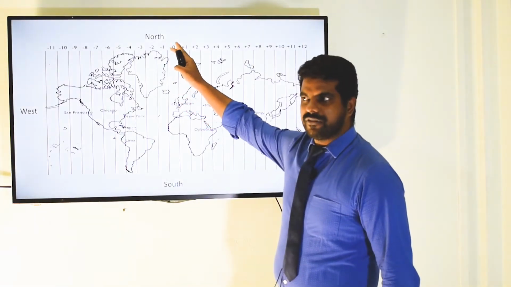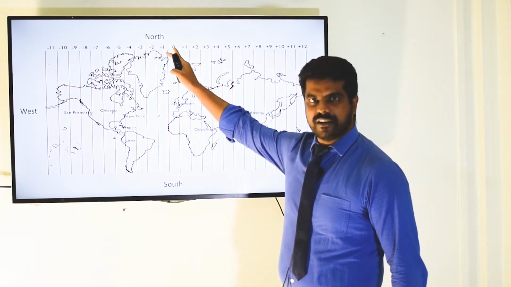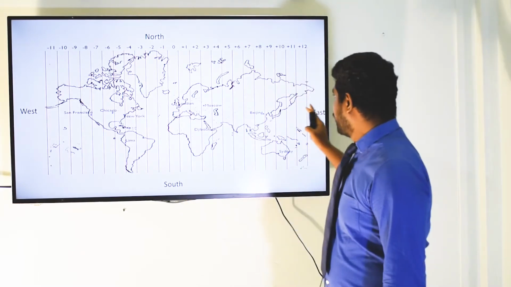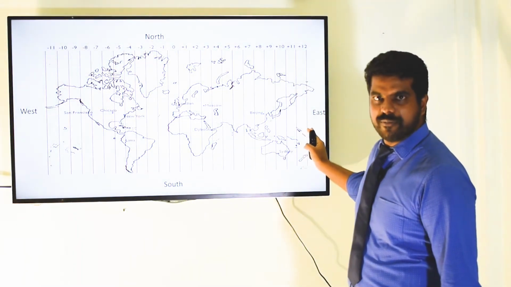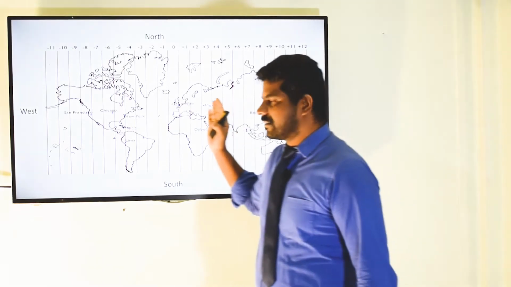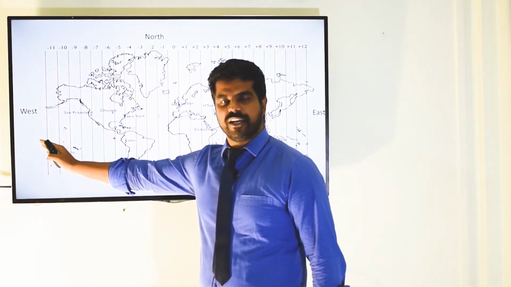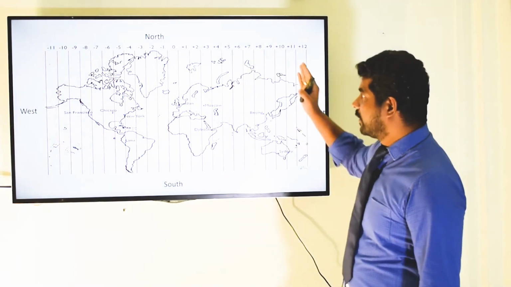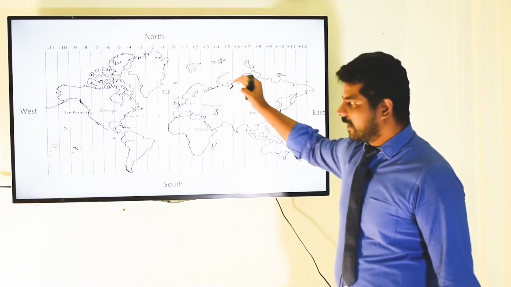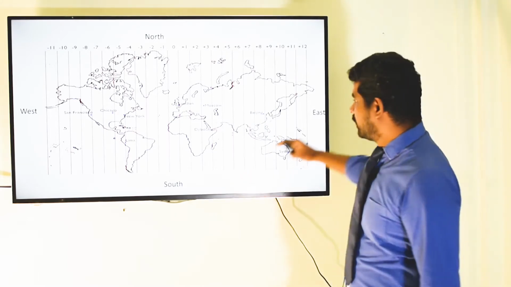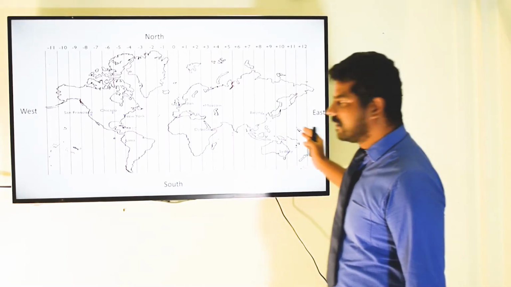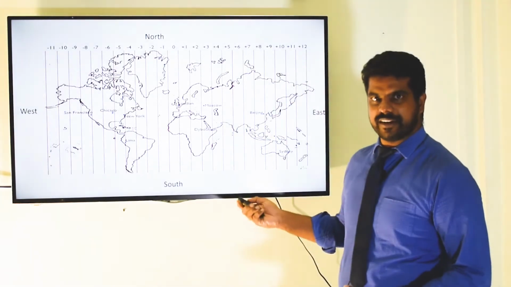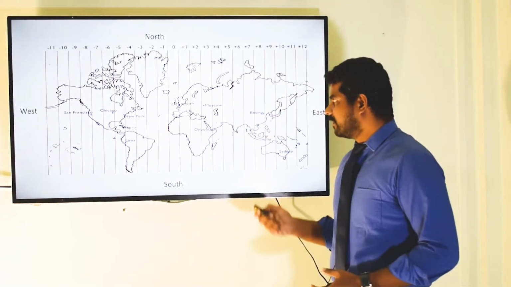The top of the map will always be north, the bottom of the map will always be south, the right hand side of the map will always be east, and the left hand side will always be west. So remember, when you look at this map, the top is north, the bottom is south, the right hand side is east, and the left hand side is west. These are the 4 directions we have.